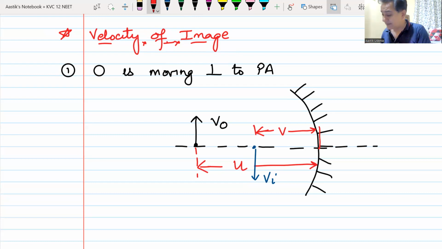So the formula is like this: VI, I should write, VI is equal to minus V by U times VO.